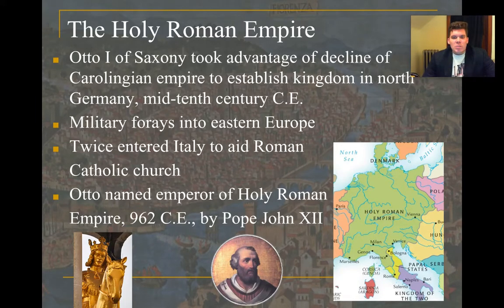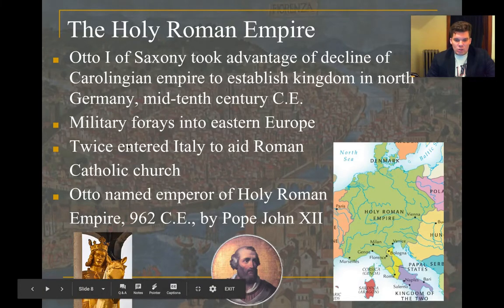He tried to establish a kingdom in northern Germany in the mid-10th century, and he had these various military attacks into Eastern Europe, and two times he entered Italy to aid the Roman Catholic Church so they could maintain their territories in Italy. For their efforts, Otto was named Emperor of the Holy Roman Empire by Pope John the 12th.